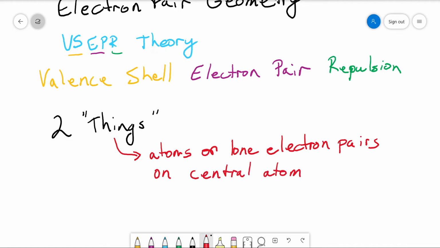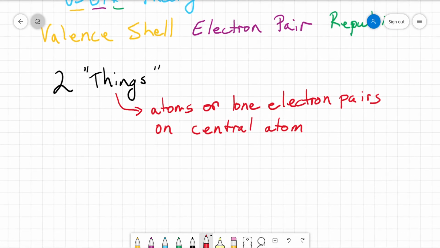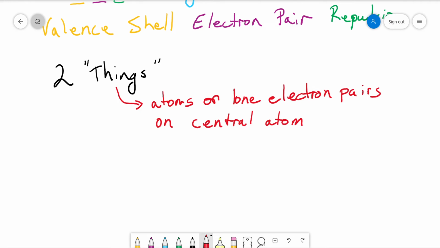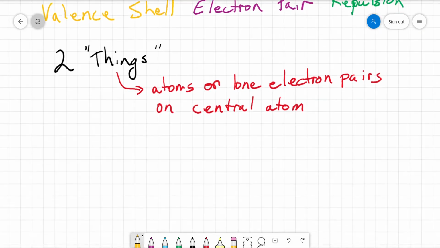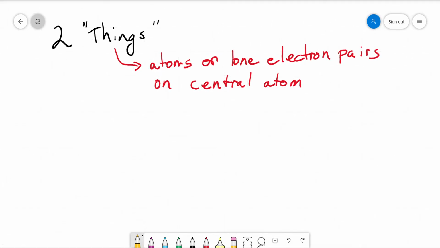Sometimes they're called electron clouds. Sometimes it's called charge density. Lots of different terms. Every book I use uses a different term, so I made my own up. Just things. So what we're going to do is put two things, and we're not going to worry about what they are right now, on the central atom.